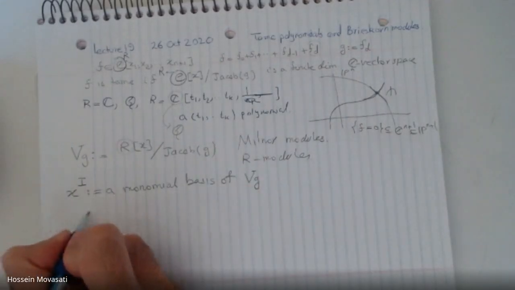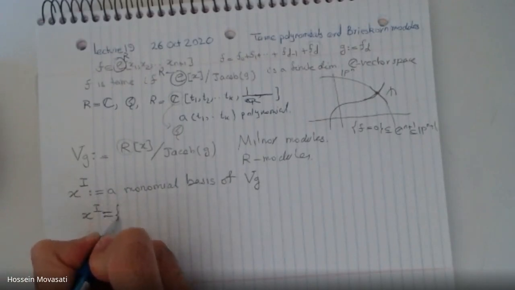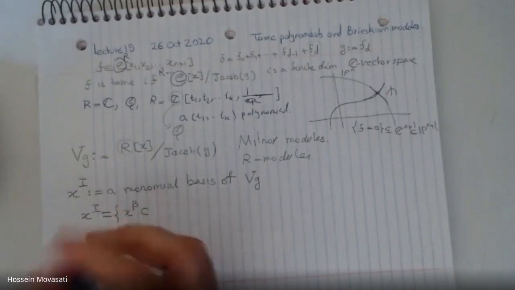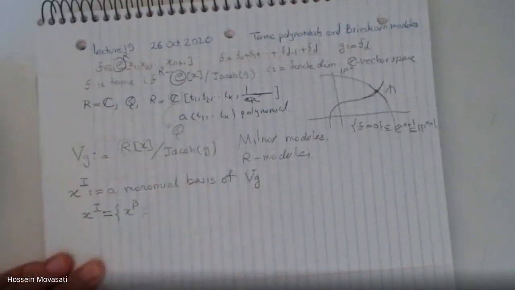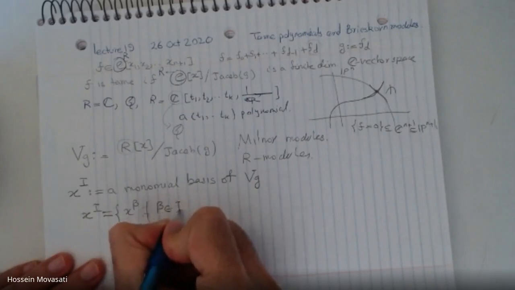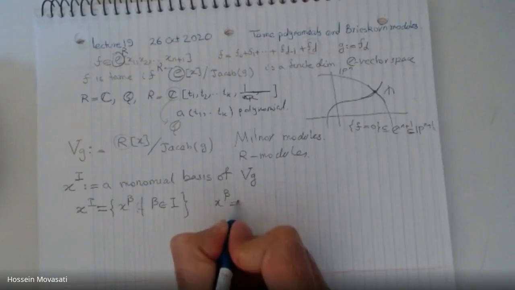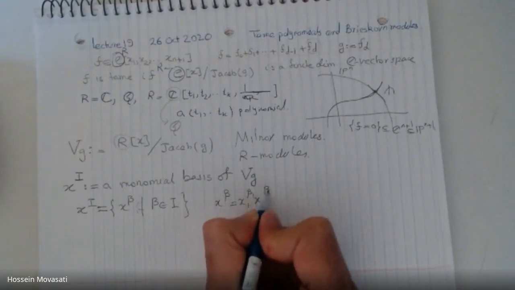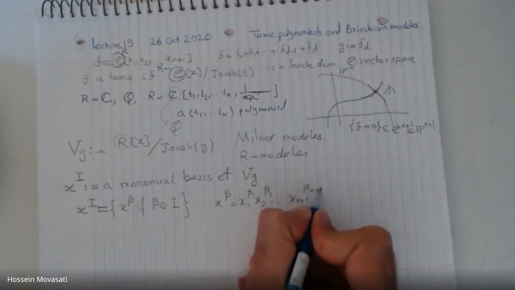I will also use a different notation: I will choose monomials x^beta, where beta is this index set, and remember that x^beta is x1^beta1, x2^beta2, ..., x_(n+1)^beta_(n+1).